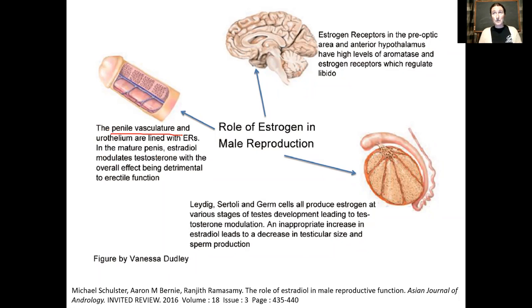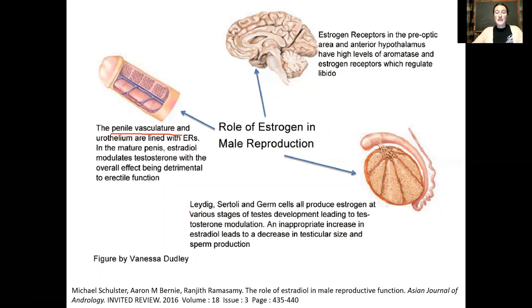So they are susceptible to changes based on the presence of estrogen. And so if you have too much estrogen in your body, based on endocrine disruption or some other kind of issue, this can inhibit the ability of blood to engorge the penis and therefore produce an erection.